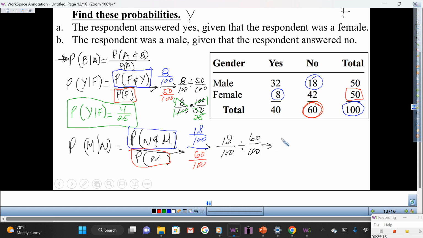And JC said, write that as the reciprocal. So this and that become 1. And 18 and 60, can we divide that by 6? Yes? So this is 3, this is 10. So P of M given N is 3 over 10.